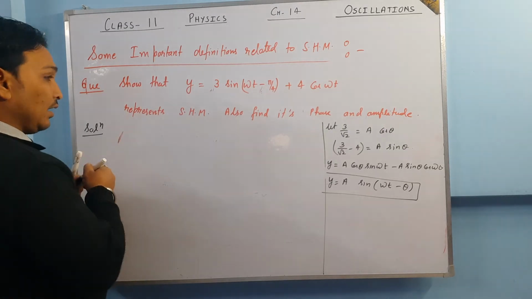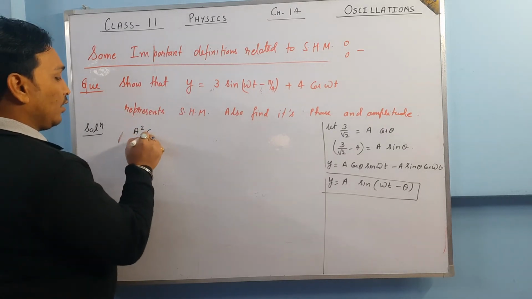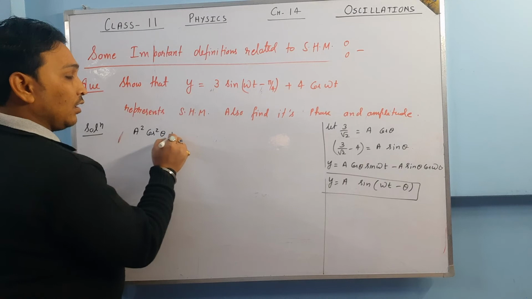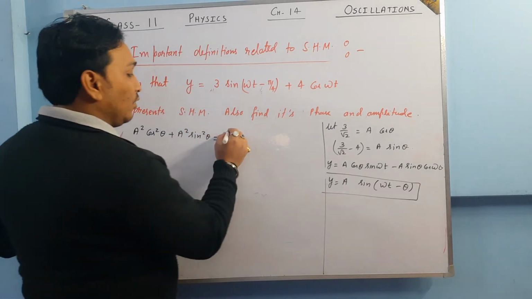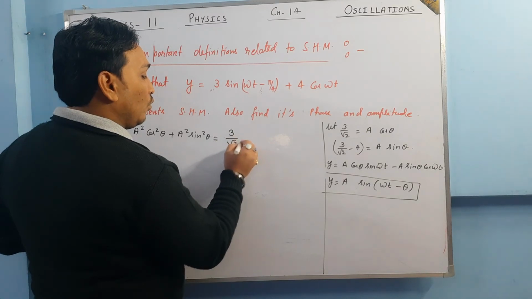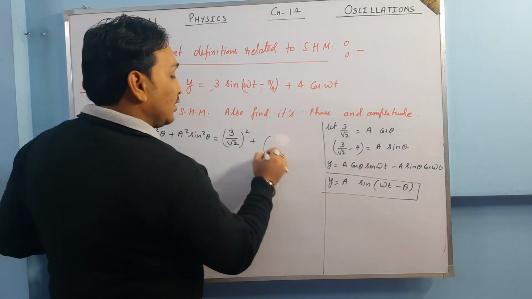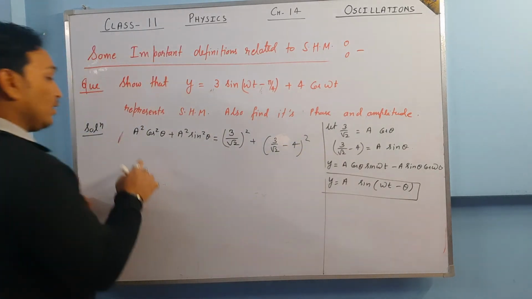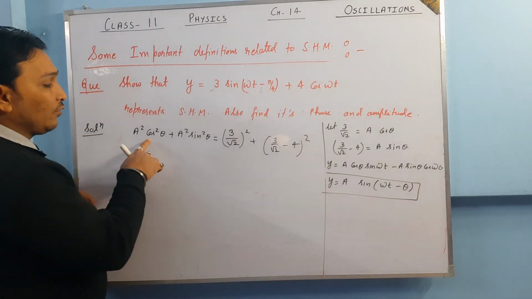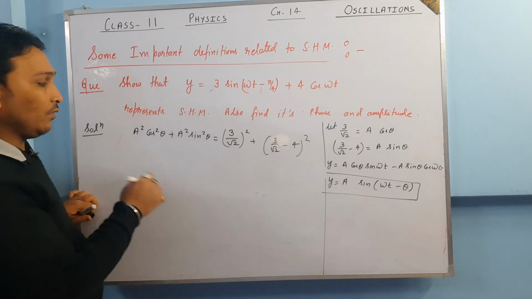So we are going to have capital A square cos square theta plus capital A square sin square theta is equal to (3 upon root 2) whole square plus (3 by root 2 minus 4) whole square. A square can be taken common. We have cos square theta plus sin square theta, which is obviously 1.